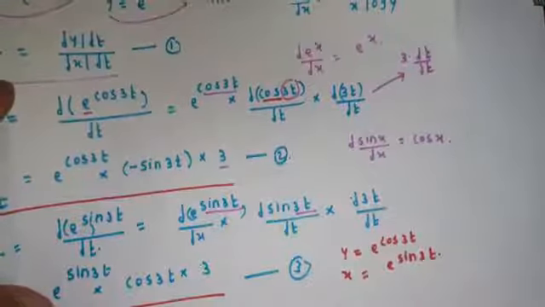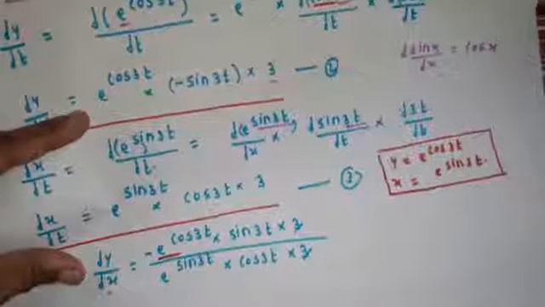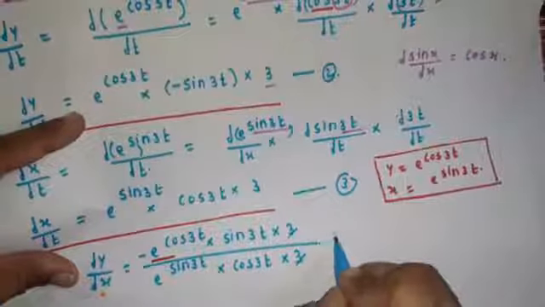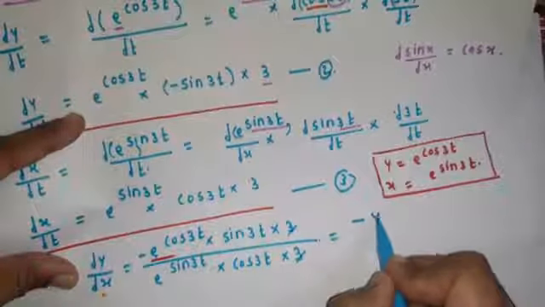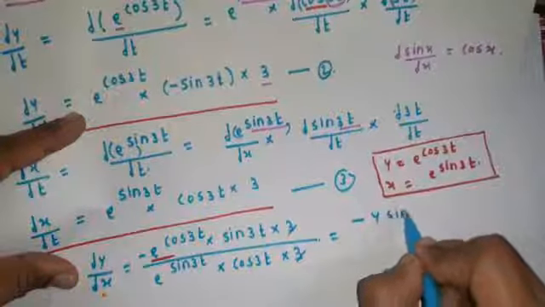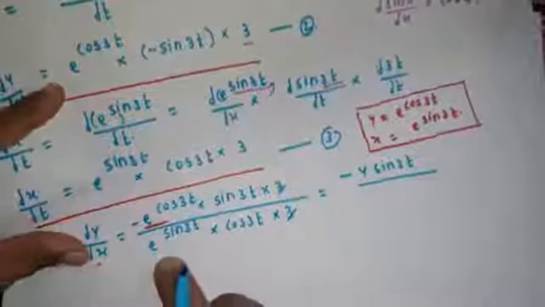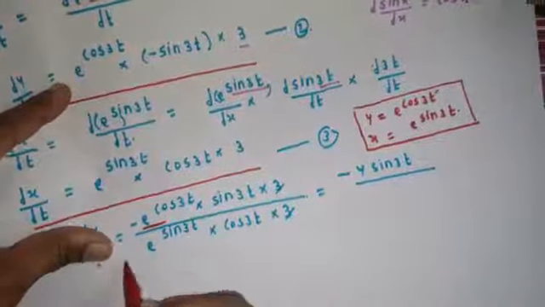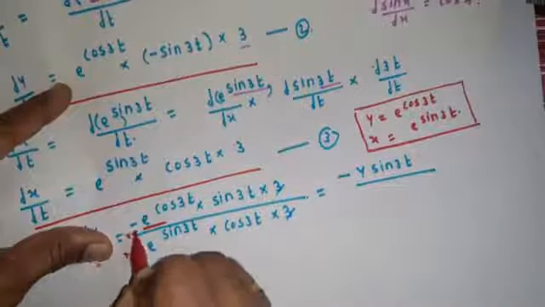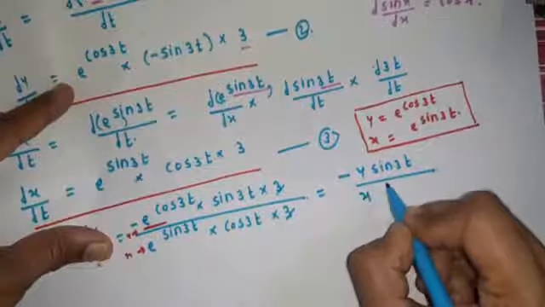By using this value in dy by dx, therefore now we have the minus sign as it is, e raised to cos of 3t is y, sine of 3t is the term at the numerator. Now the term at the denominator, e raised to sine of 3t is x, and this value is y from given, and therefore this is x cos of 3t.